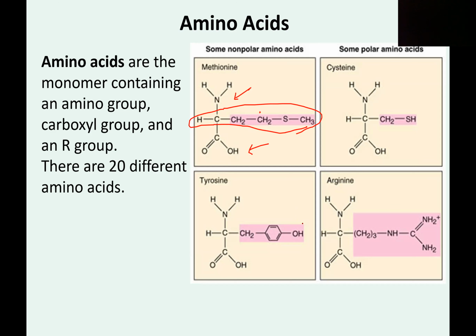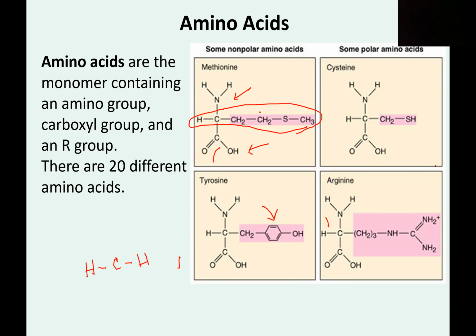The simplest R group would be an H with the carbon and another H. But these you can see vary. They can have a carbon ring like we see down here.